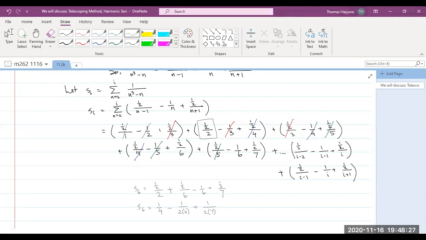The 1/4 here is always there, right? Okay, it's always there. And this is part of the counter.